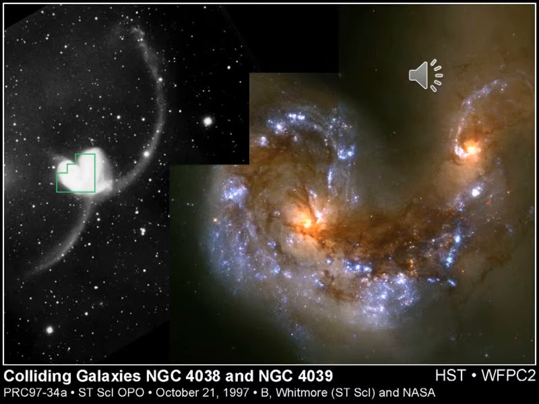This used to be called the Tadpole Galaxy, but it's of course a result of two galaxies that collide. They leave behind them a spiral from one and a spiral from the other. As a result of this collision, there is increased regions of star formation.